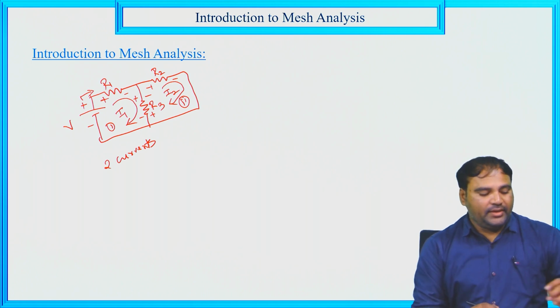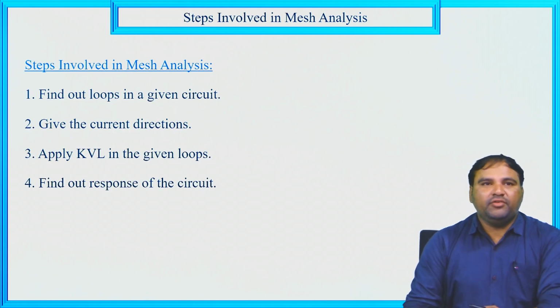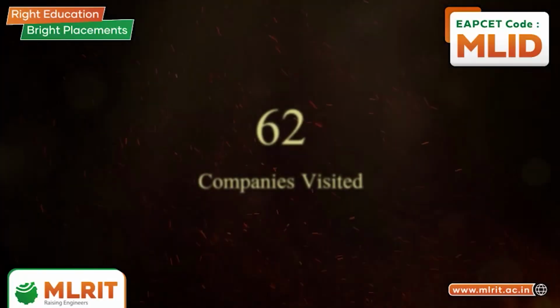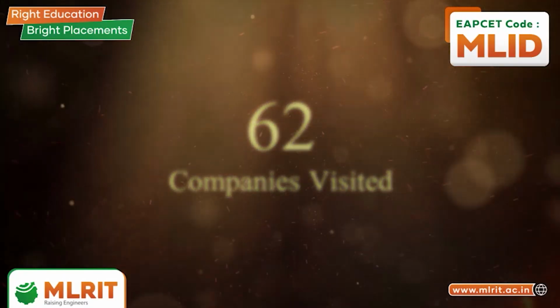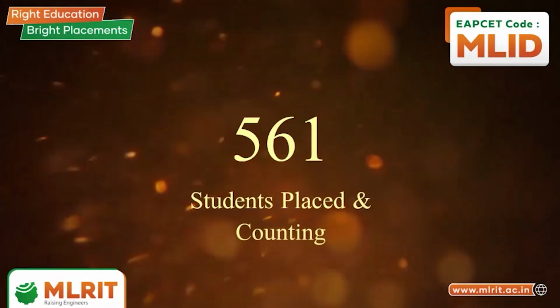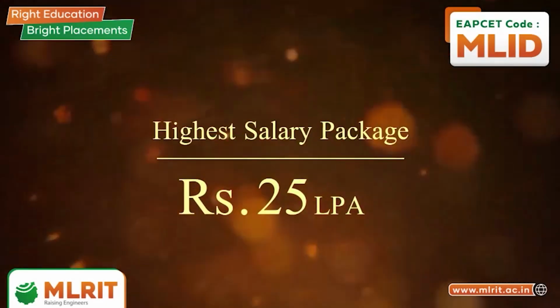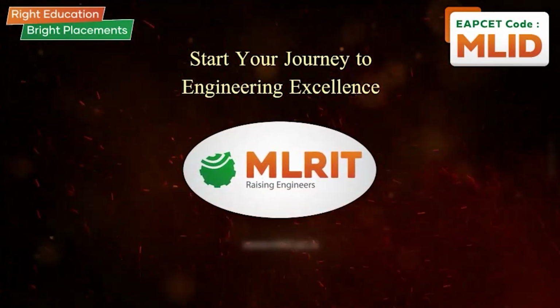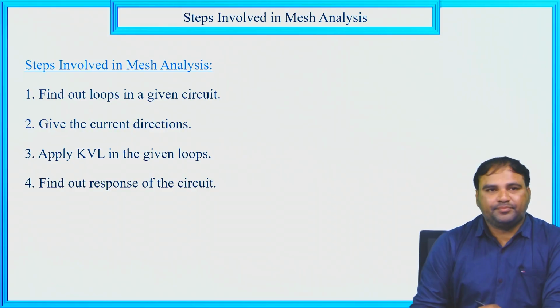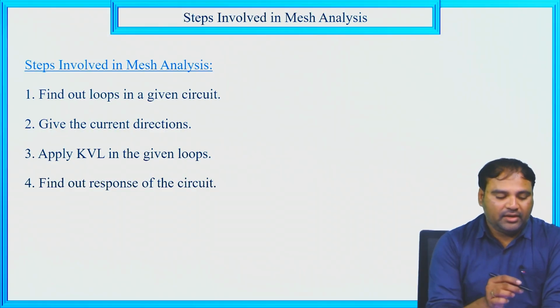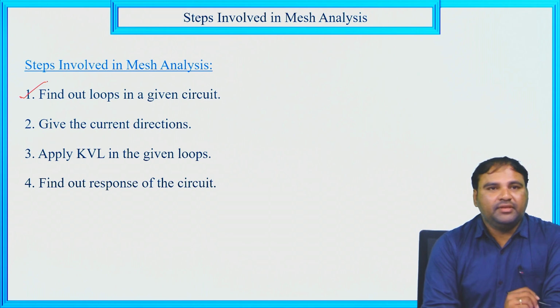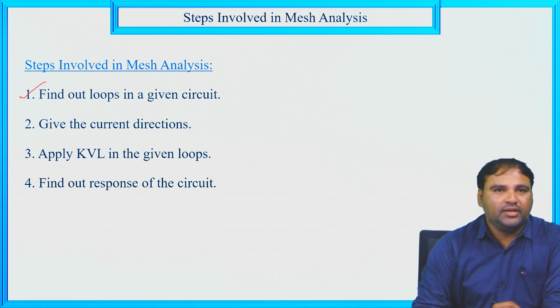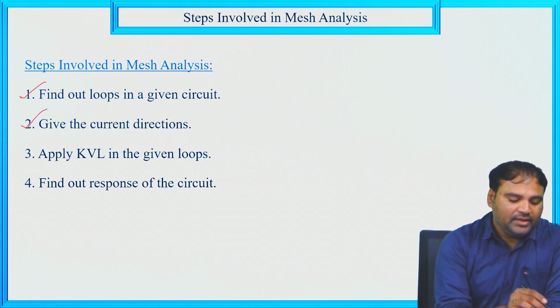So here we have the steps involved in mesh analysis. Step number 1 is to find the total number of loops in the given circuit, and the second step is to give the current direction.